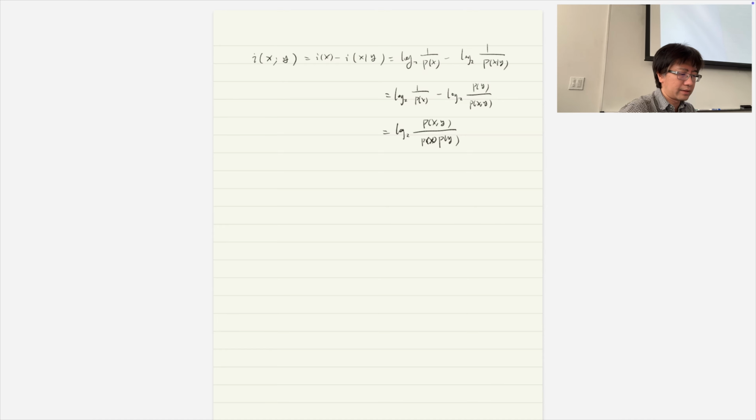You can see it's totally symmetric about x and y. If you permute x and y, you get exactly the same thing. This is very important. It means that we have this commutative property of self-mutual information: i(x;y) equals i(y;x).